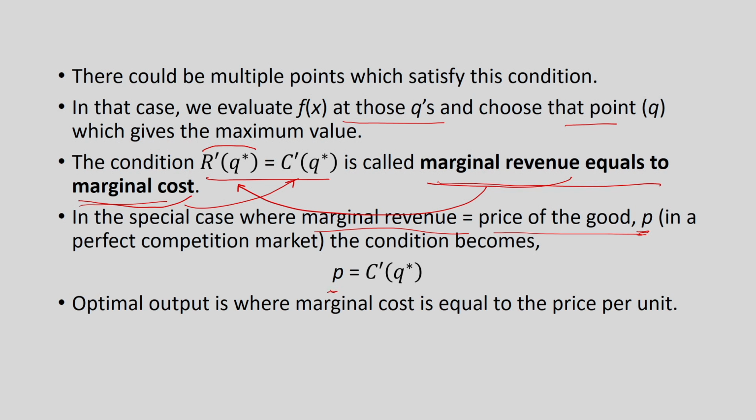So, the condition boils down to this: p is equal to C prime of Q star. So, price is equal to marginal cost in this case. Optimal output is where marginal cost is equal to the price per unit. But this is a special case, the general case is that marginal revenue is equal to marginal cost.